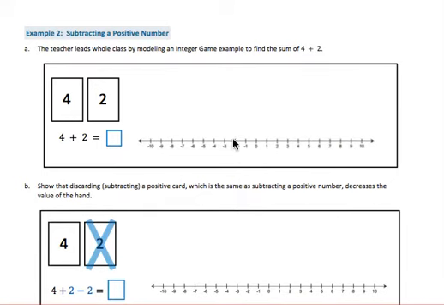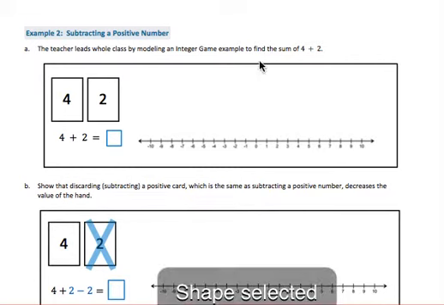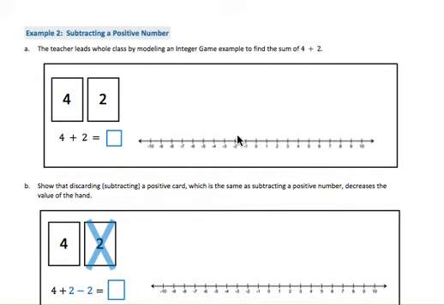So if we look at it on a number line, if we had two cards, we had a 4, and then we have 2 more, we would be gaining 2 more and getting to 6.